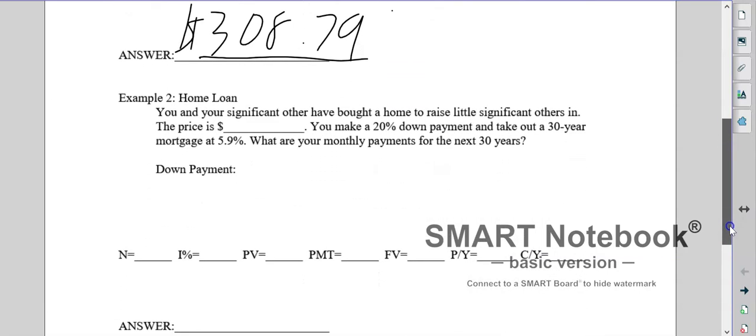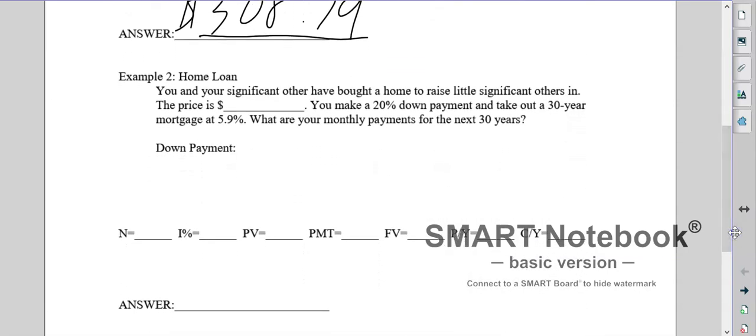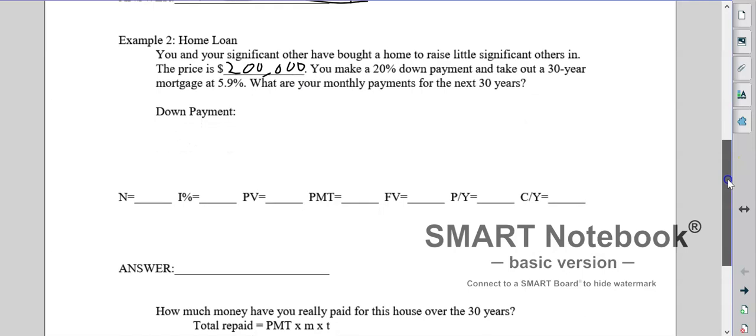Home loan. You and your significant other have bought a home to raise little significant others in. The price is, now we're just going to say $200,000. You make a 20% down payment and take out a 30-year mortgage at 5.9%. What is your monthly payment?